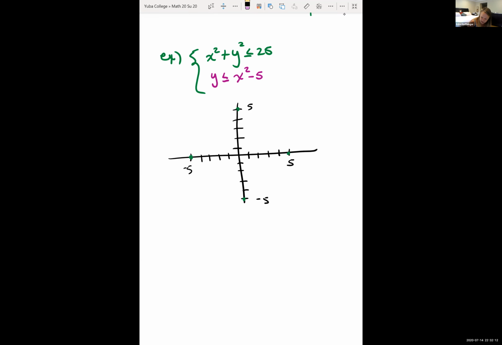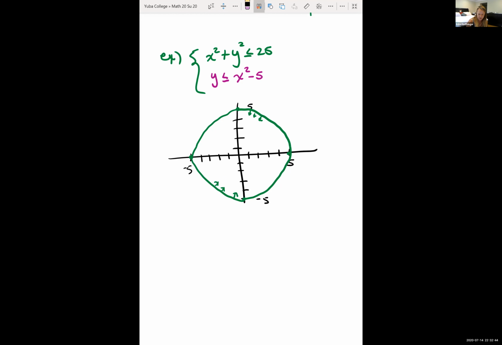So this is where I do not shade all of what I'm going to have until the very end. But I do kind of give myself direction on where to shade. So this tells me less than or equal to 25. So I know it's everything inside of that circle. So I'm just going to put little arrows to myself, telling myself that I'm going to be shading inside the circle. That's part of the solution just for that green inequality.